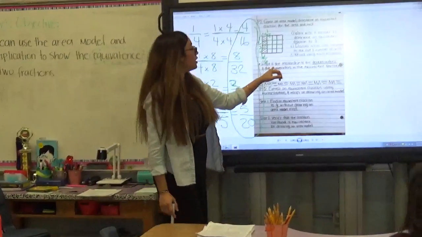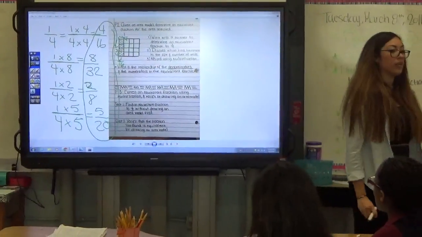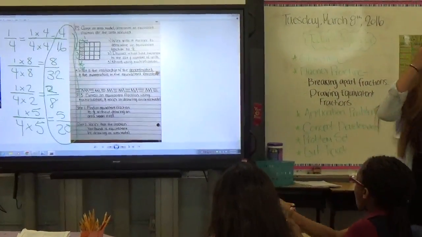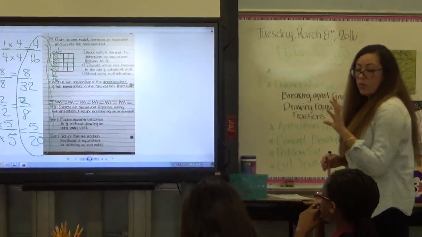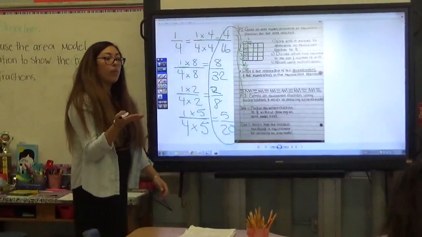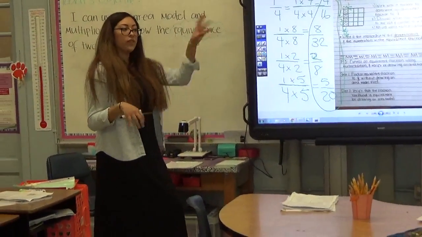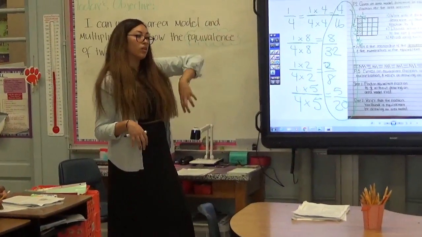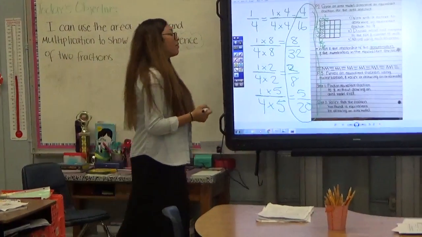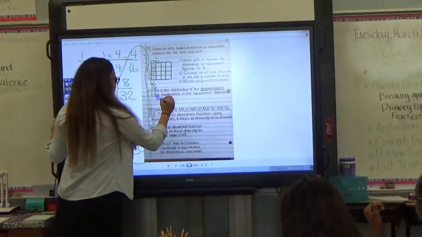So it says, what is the relationship of the denominator and the numerators in the equivalent fractions? What can we say that we have done to the numerator and what have we done to the denominator? We multiply by the what? Was it different numbers that we multiplied by? By the same number. Okay.